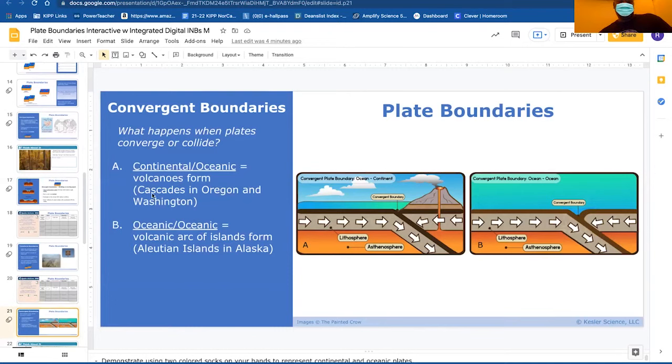So landform, the Cascade Mountains in Oregon and Washington are an example of this. An oceanic volcanic arc of islands formed. The Aleutian Islands in Alaska. You have Alaska way up north, and then you have that long arc of islands. Those are created by the subduction of one oceanic plate under another.